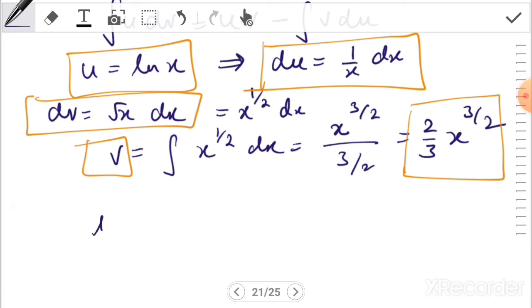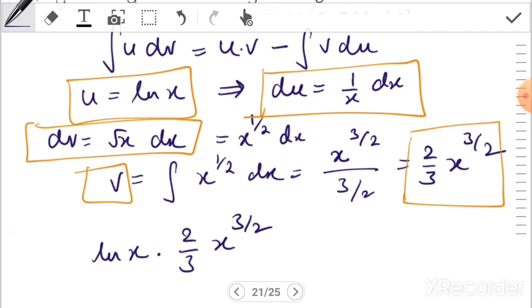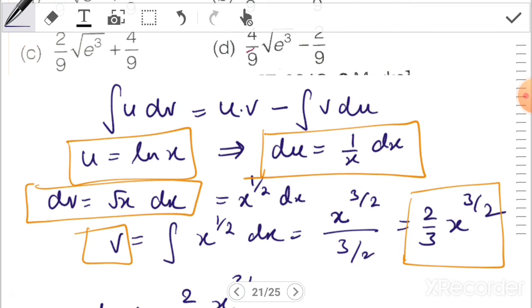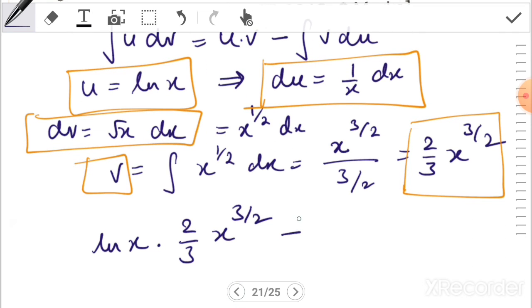So ln x into 2 by 3 x^(3/2), that is u times v, minus integral v du, minus integral 2 by 3 x^(3/2) and du, so 1 by x dx.